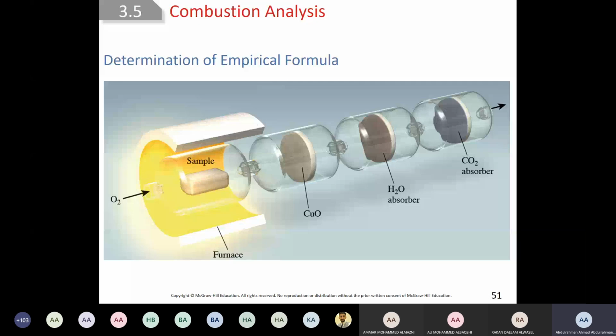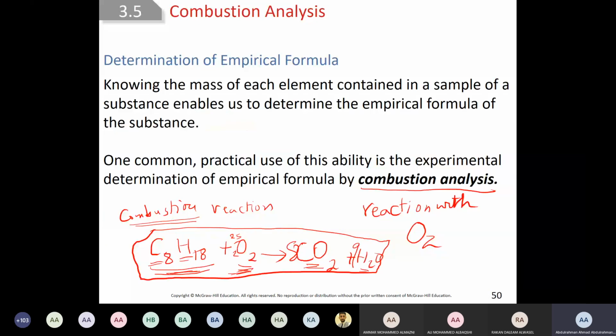We take the sample, burn it with oxygen, and collect all the water and all the CO2. Then we will be able to know the mass of the water and the mass of the CO2. Is this clear?